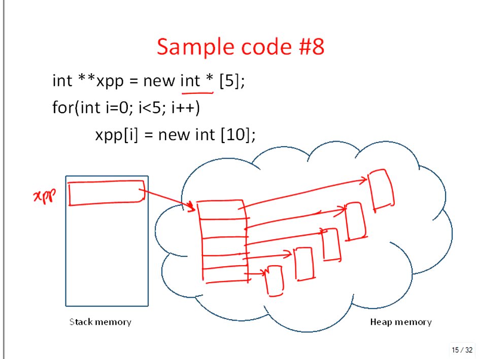Okay, so that's how the corresponding code looks. So each one is a 10 integer array, and we allocate and we update this xpp of I each location to this new memory block.